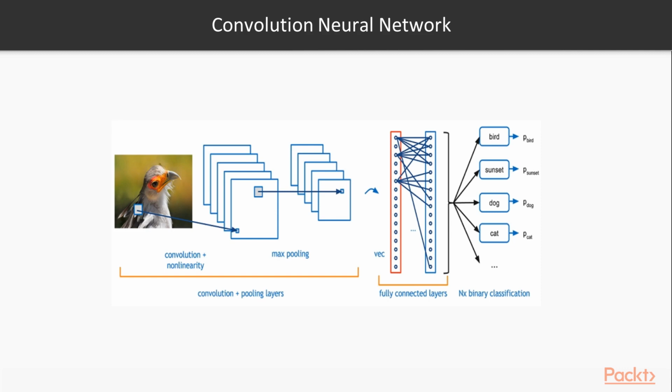But if you're using a convolution neural network, you won't process the whole 728 by 728 pixels at a time, but rather you're going to process patches of these images at a time.